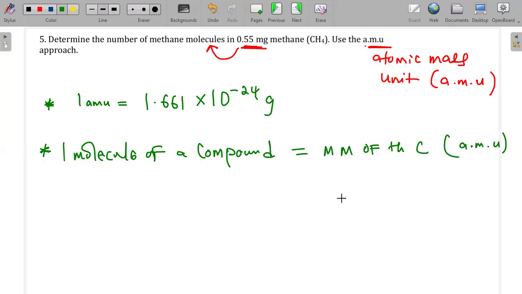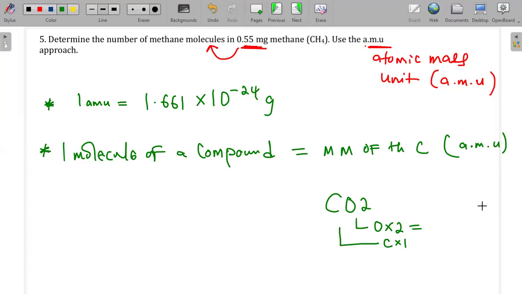For example, if I have CO2, how do I find the mass of this compound? I have 2 oxygen, so 2 multiplied by oxygen, then I have 1 carbon, so carbon multiplied by 1.